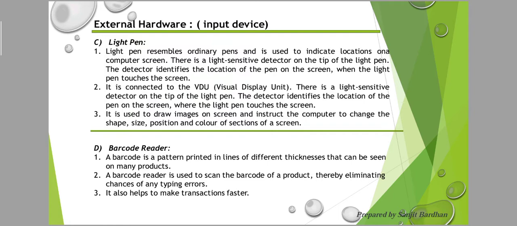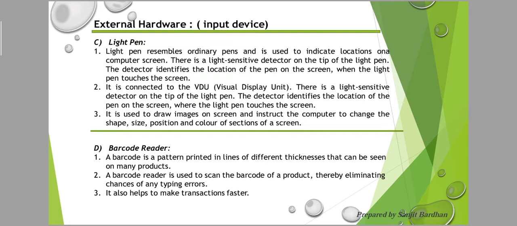Okay, so move on to the third external device, which is light pen. Light pen resembles an ordinary pen and is used to indicate location on a computer screen. That means when we want to write something on the computer screen, we use a light pen. In the light pen there is a light sensitive detector on the tip of the pen. The detector identifies the location of the pen on the screen.